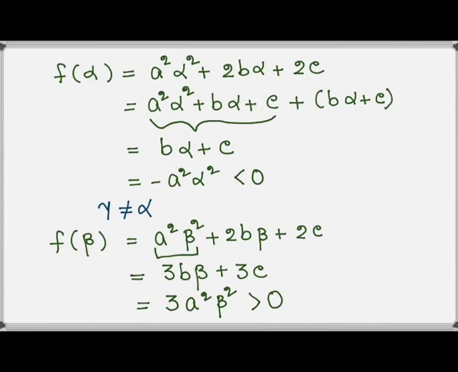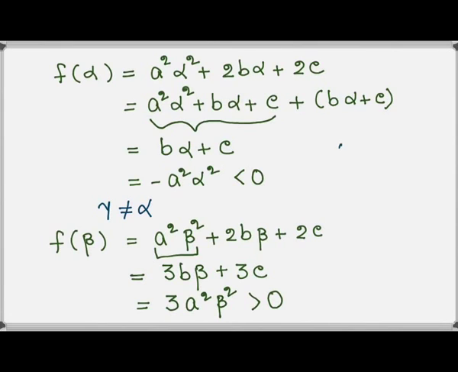Note that fx is a continuous function and at alpha f is strictly less than 0 and at beta f is strictly bigger than 0. So therefore there must exist a gamma in between alpha and beta so that f of gamma is equal to 0.